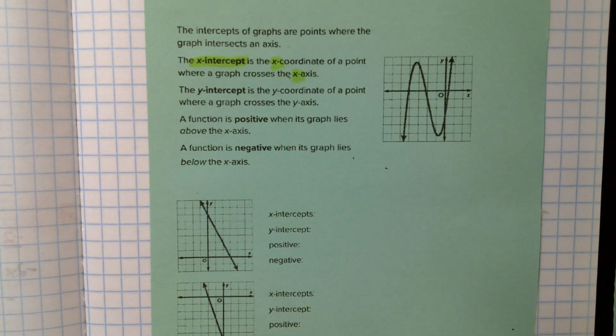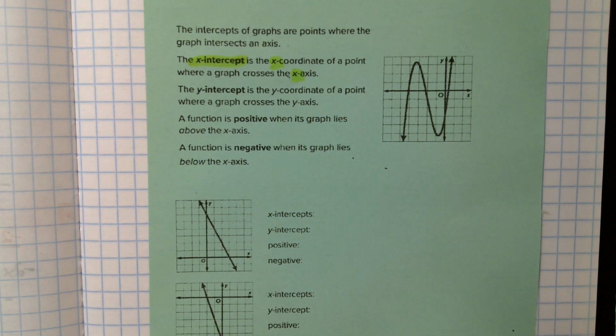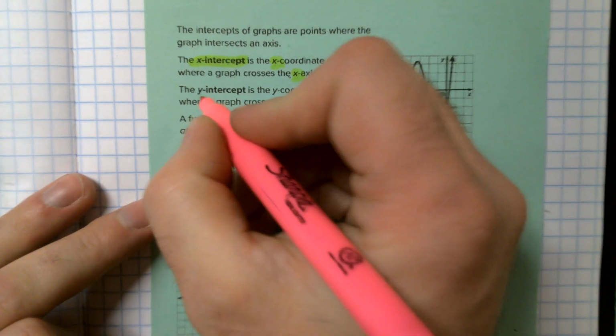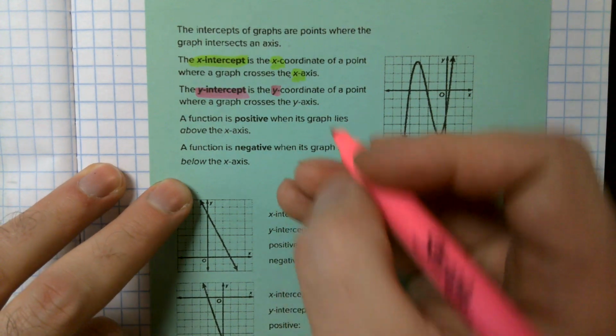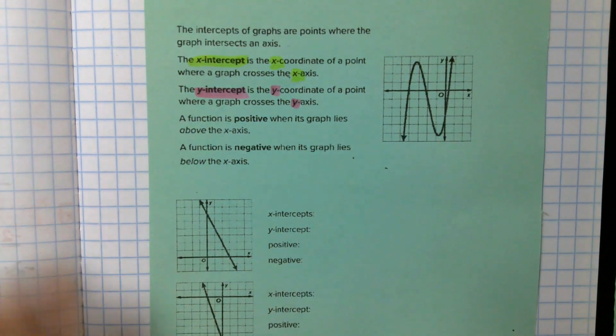The x-intercept is the x-coordinate of the point crossing the x-axis. And of course, the y-intercept is the y-coordinate of a point where the graph crosses the y-axis.